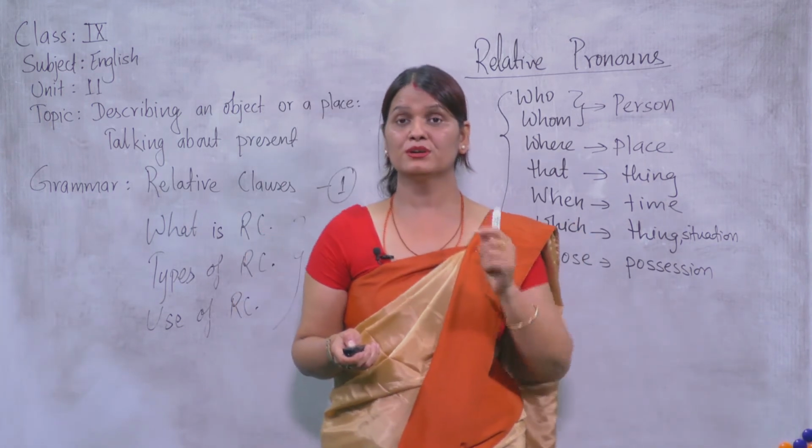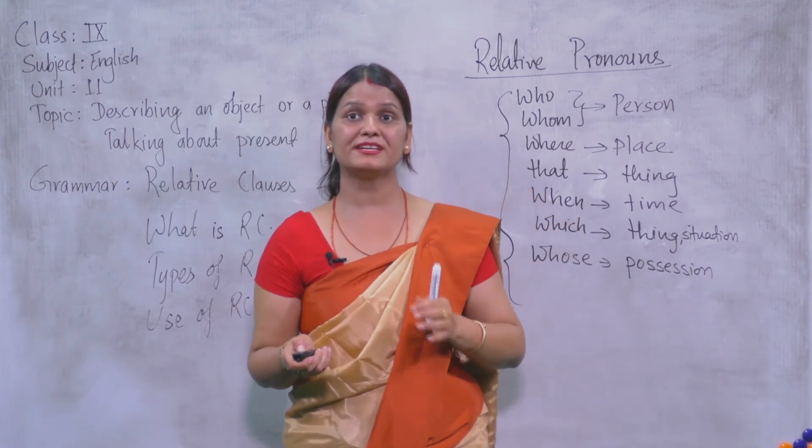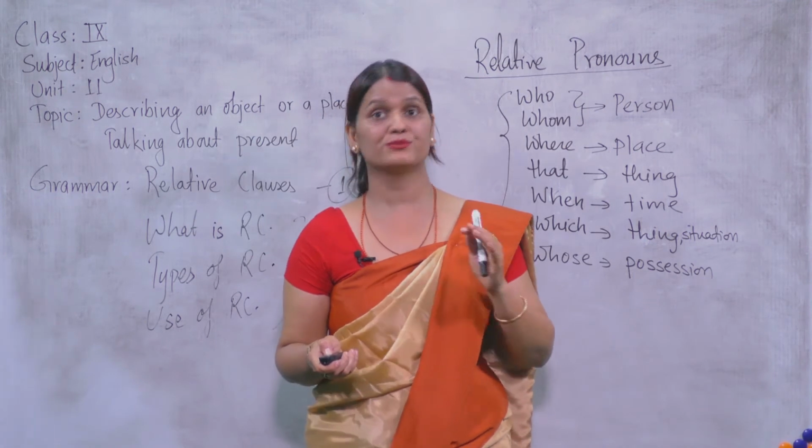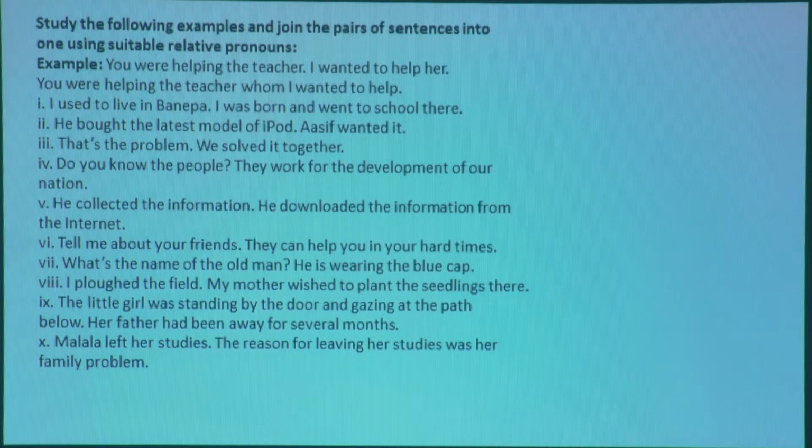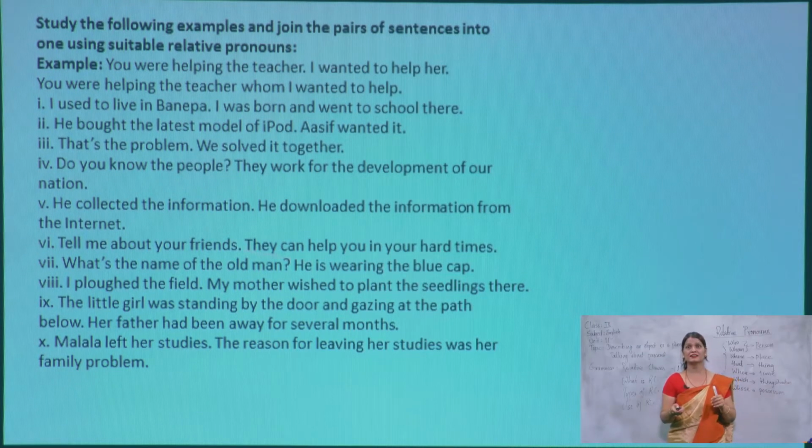I told you, we had discussed that to not repeat the same information twice, we use a relative pronoun. So here you can see in the example: you were helping the teacher, I wanted to help her. You see, you were helping the teacher whom I wanted to help.